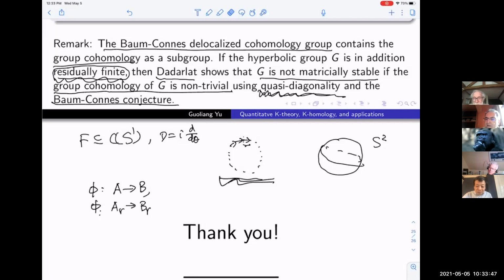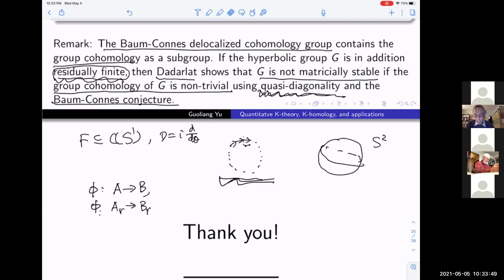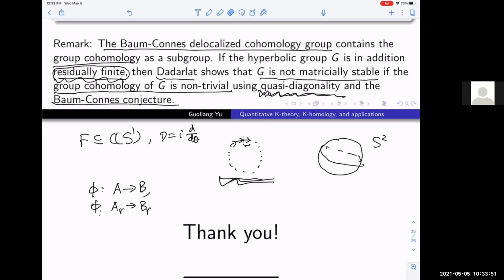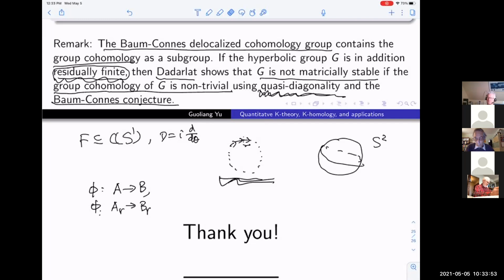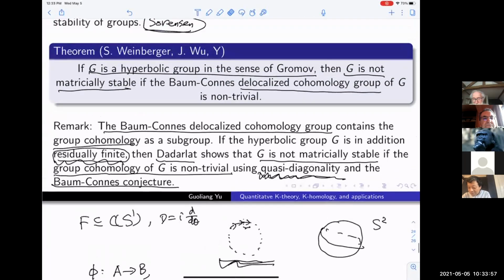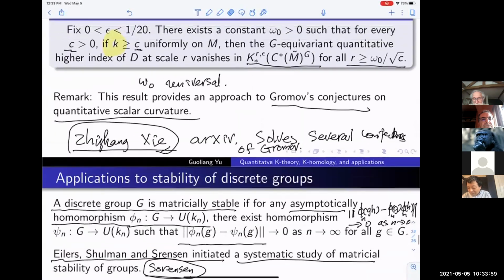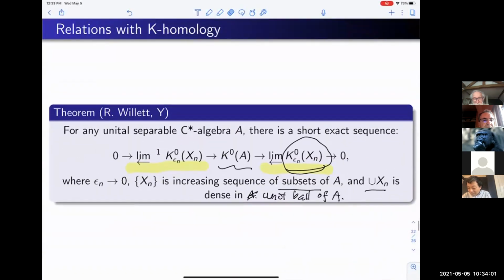Sure. Anybody else, please? I would like to ask, could we go back to the slide where we had the exact sequence of the quantitative K-homology? Okay, this one. Here the X_n are arbitrary sets.